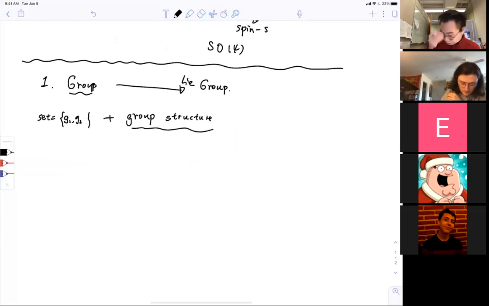So what is group structure? Group structure is a binary operation, a map from G cross G to G. Let's call this set G.